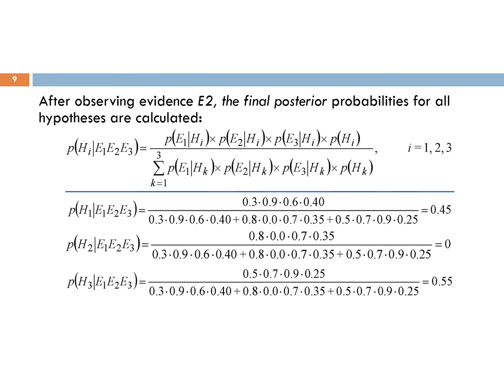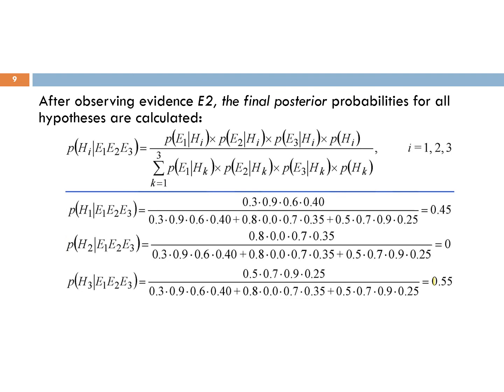For hypothesis 1, it increases a bit from 0.4 to 0.45. Hypothesis 2, we cannot believe it at all, whereas hypothesis 3 is the one that is highest in ranking.